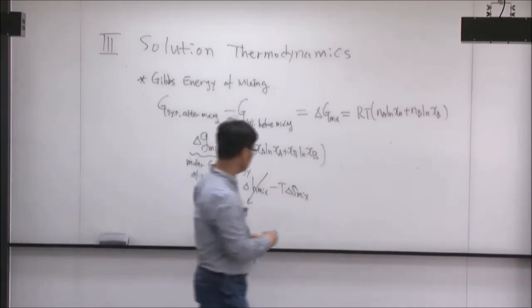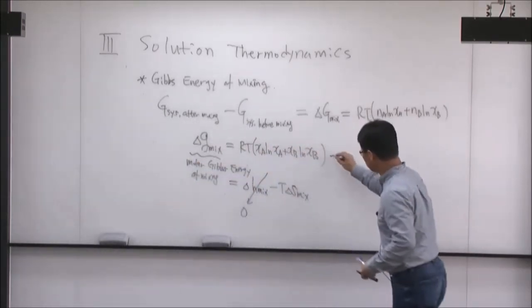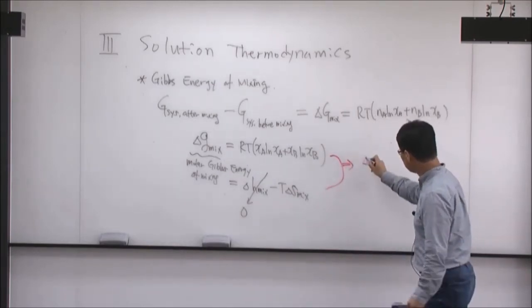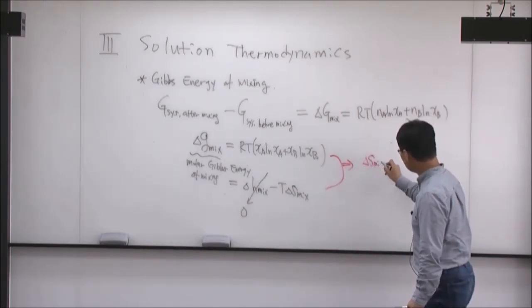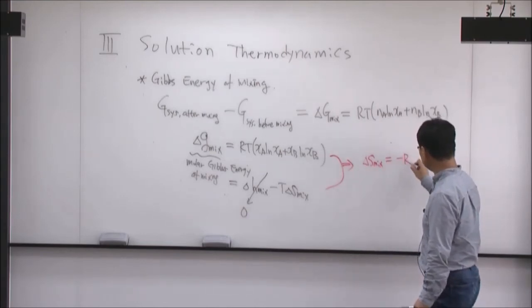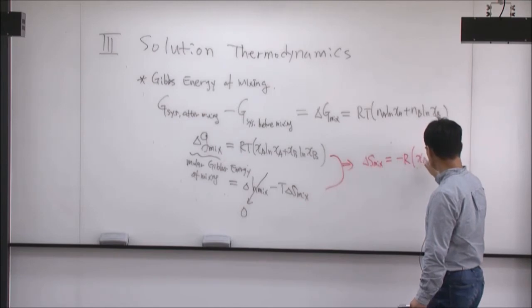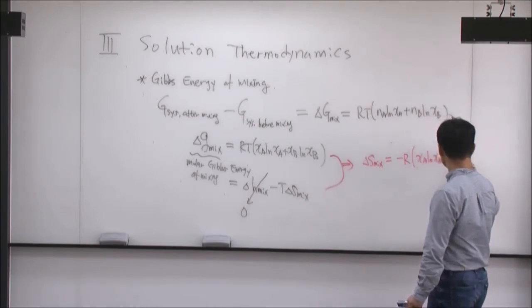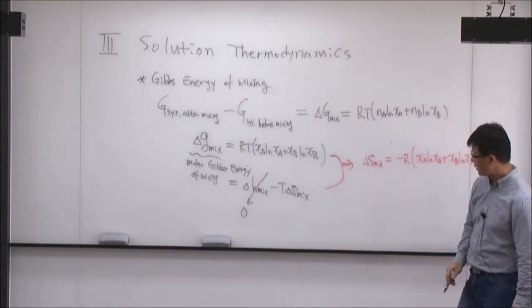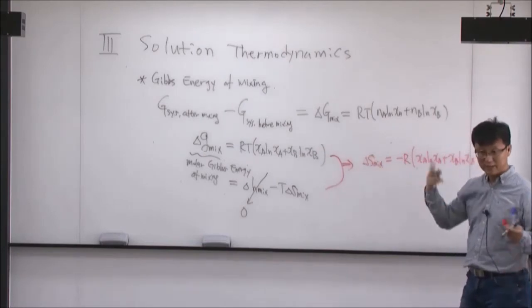Now if you're actually mixing this together, you can have a very famous equation: delta S of mixing equals minus R, XA ln XA plus XB ln XB. And this is the ideal case, ideal gas.